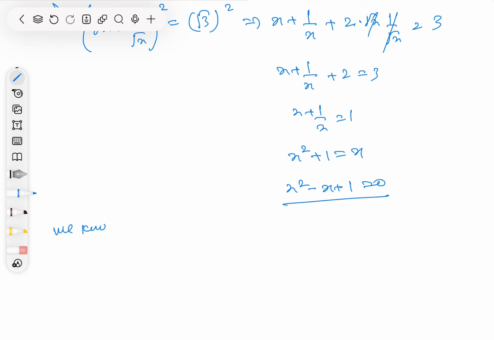We know that x cube plus 1 is equal to x plus 1 multiplied by x square minus x plus 1. If you're wondering how this relation came, I told you that a cube plus b cube is equal to a plus b multiplied by a square minus ab plus b square.